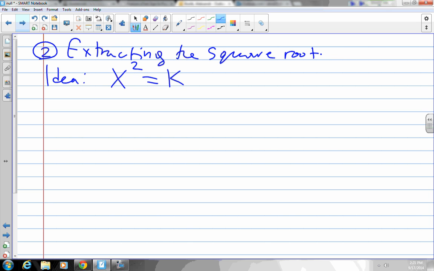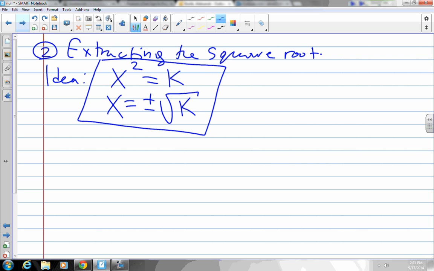It could be other expressions, could be whatever. And the other side is a constant, then x equals plus or minus the square root of that constant. And again, by x, I mean whatever's squared. As long as it's one big square, we can do that. So this is the idea behind extracting the square root.